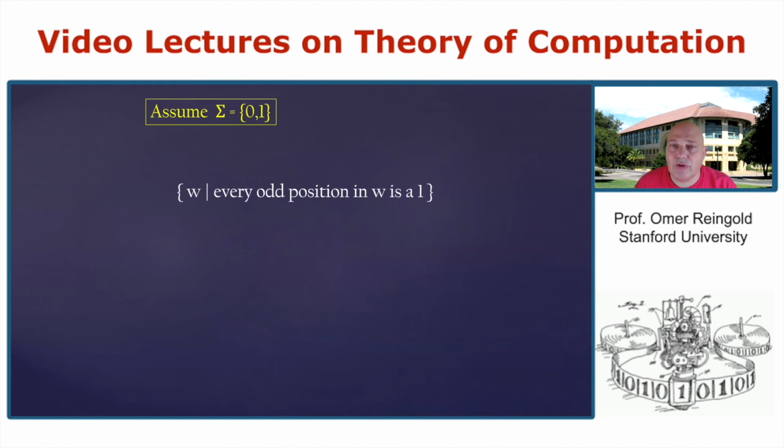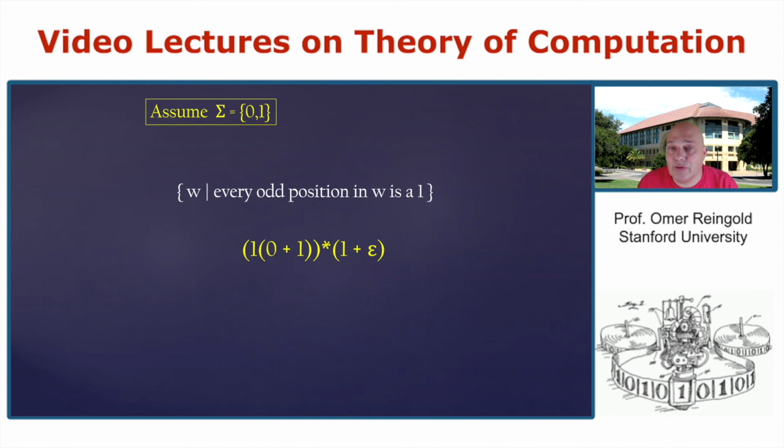How about every odd position in W is 1? So the first is 1, and then it's 0 plus 1. So this is a string of length 2 that starts with 1. You can have it any number of times, a string in this family.